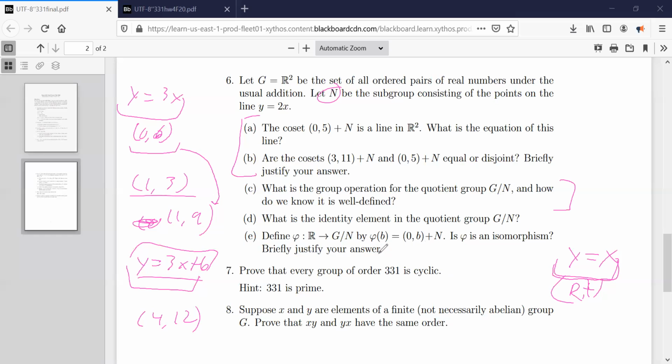And then define phi from... Is this an isomorphism? Briefly justify your answer. What would it have to be for it to be an isomorphism? One-to-one and onto. Yeah, and it would also have to preserve the group structure.